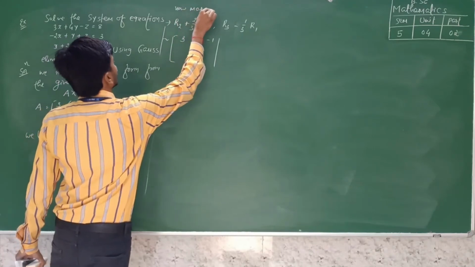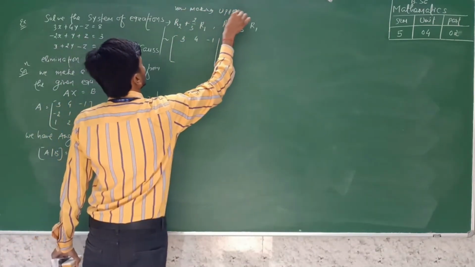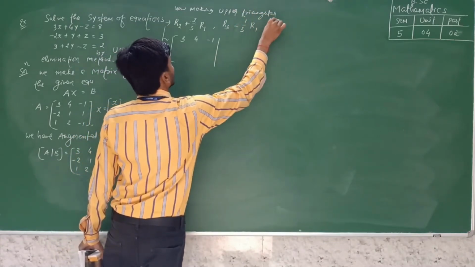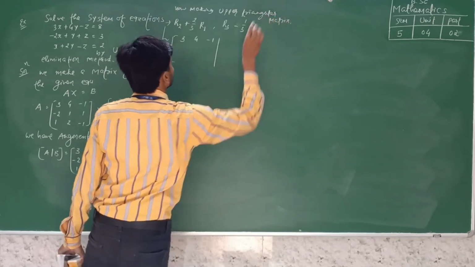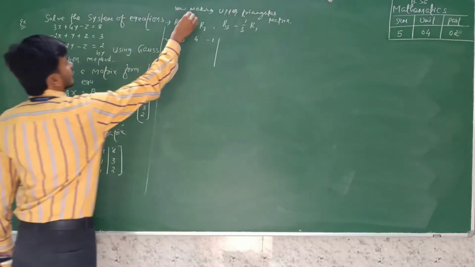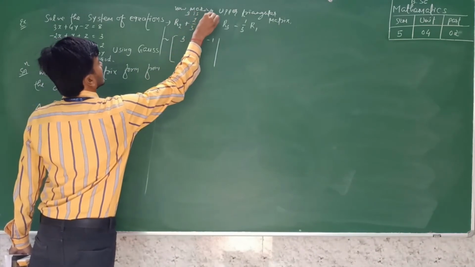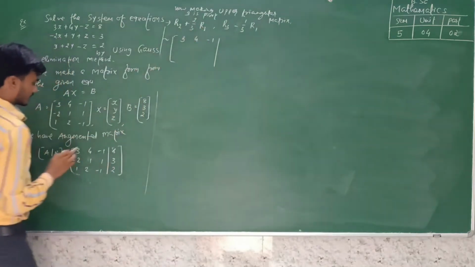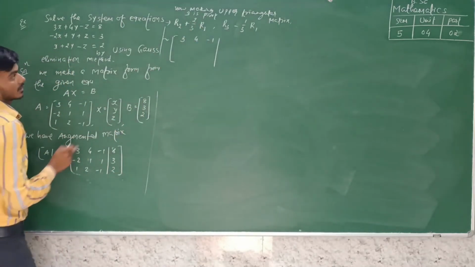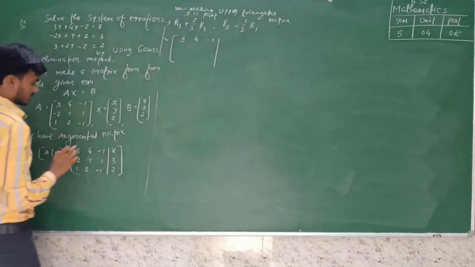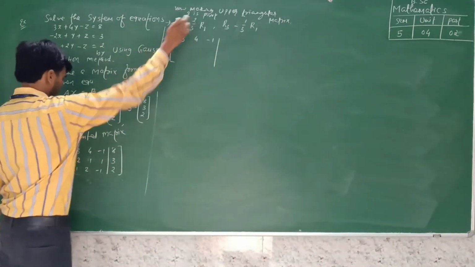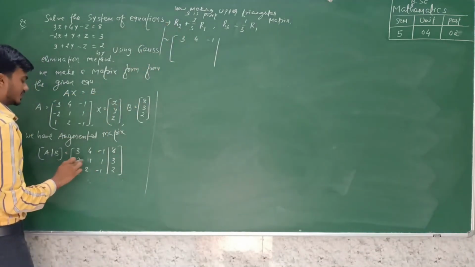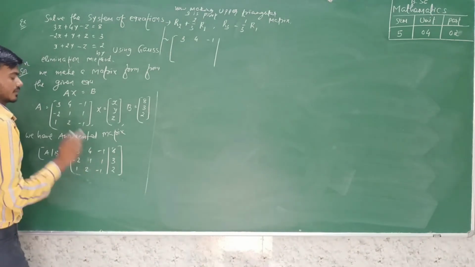Now making the upper triangular matrix. 3 is a pivot, which is not 0. So the first row is multiplied by 2 by 3. 3 into 2 by 3, that means positive 2, and this is added into the second row, so changes will be there in the second row.